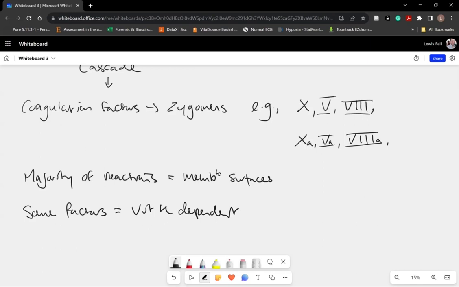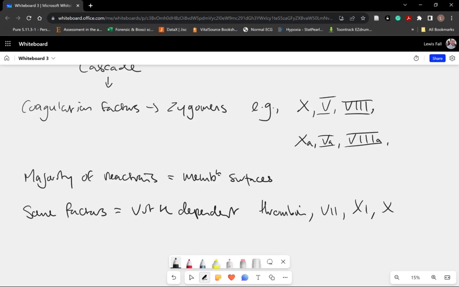These are thrombin, factor 7, factor 9, and 10. Thrombin, 7, 9, and 10.